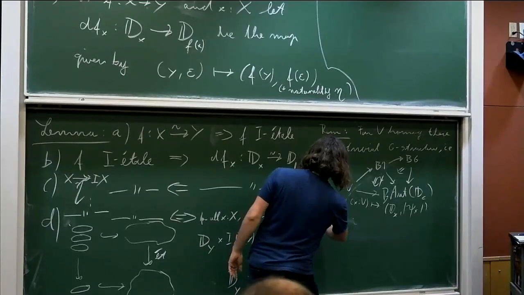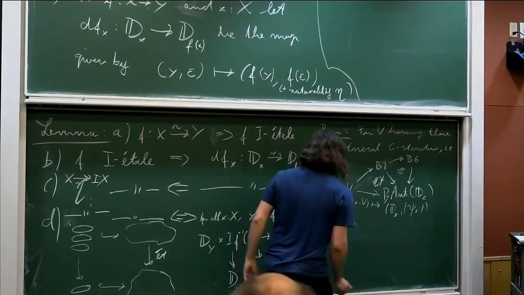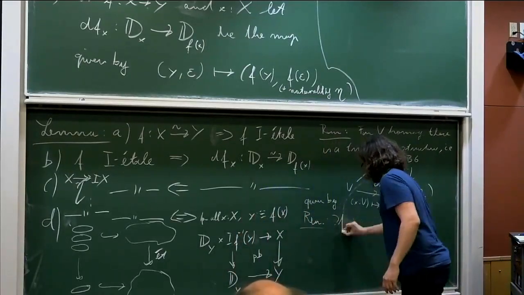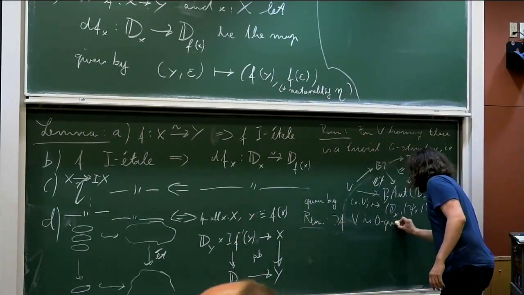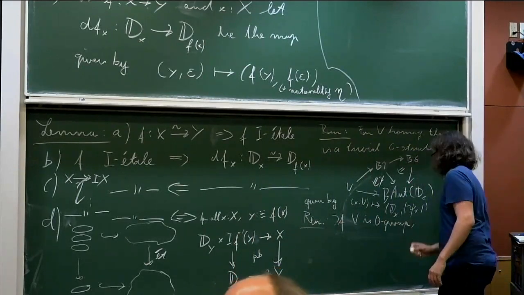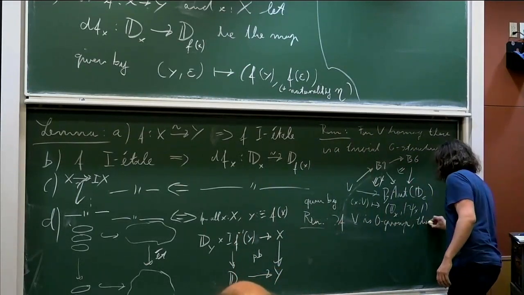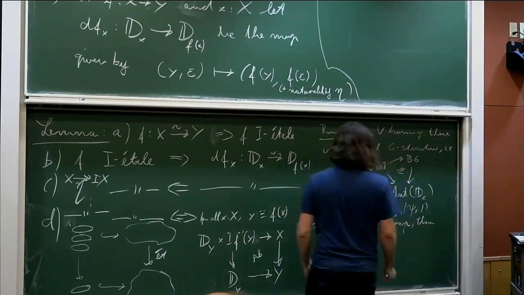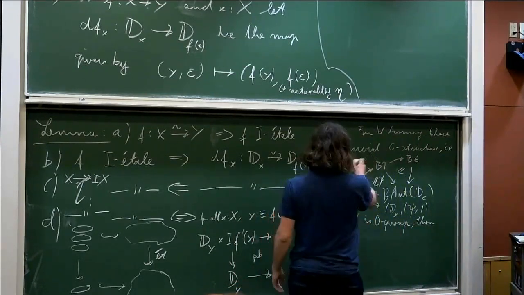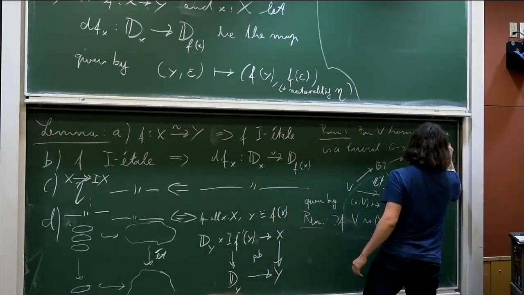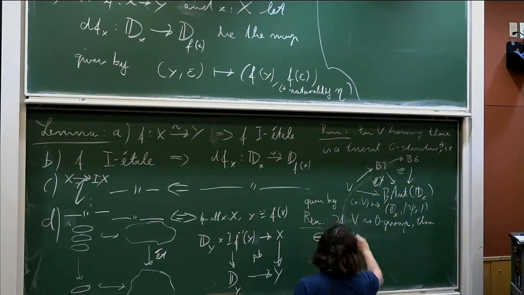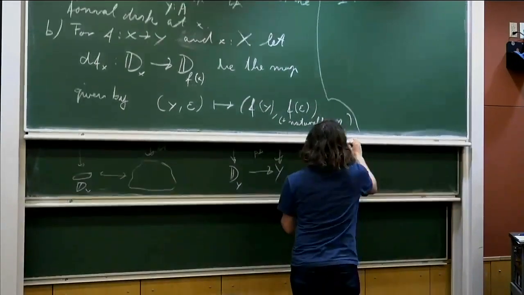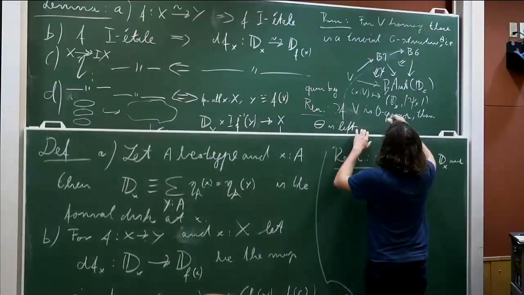So, remark: if V is an actual group, or a Lie group, then, maybe let's call this thing theta, then theta is left invariant.